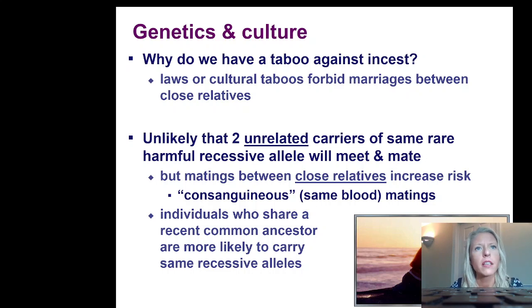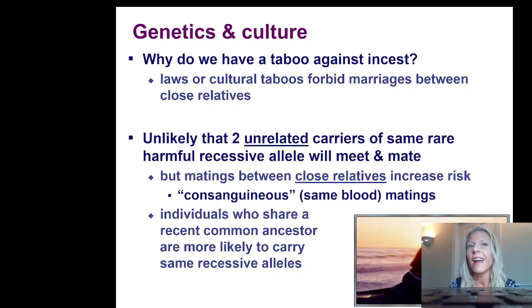And lastly, I think, we've kind of touched a little bit on incest, but we usually have laws and cultural taboos that forbid marriages between close relatives. Why is that? Well, it has to do with genetics.